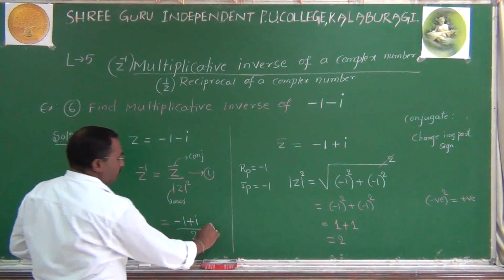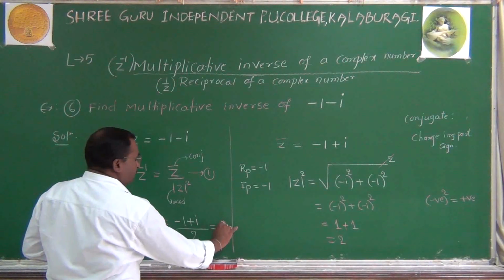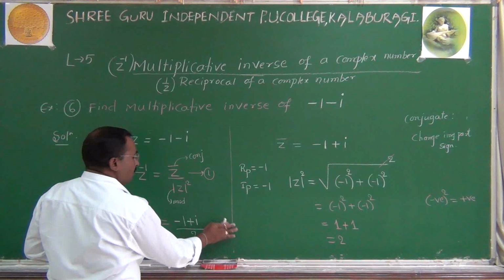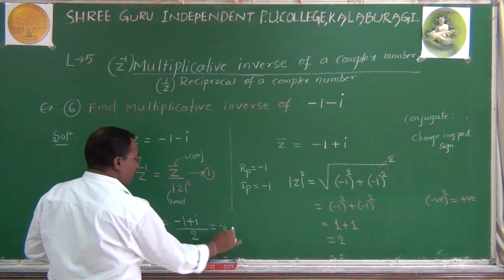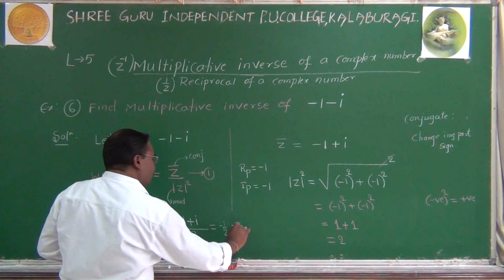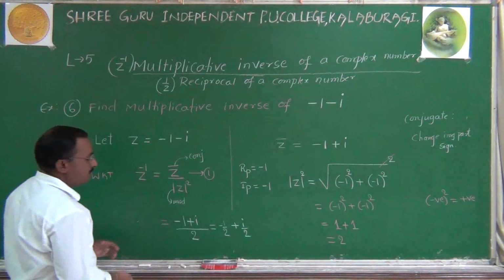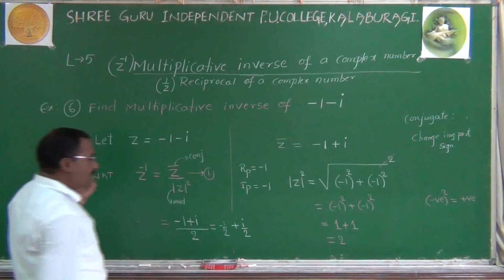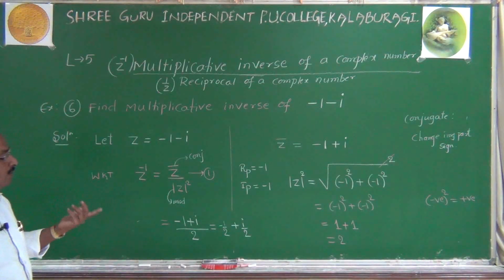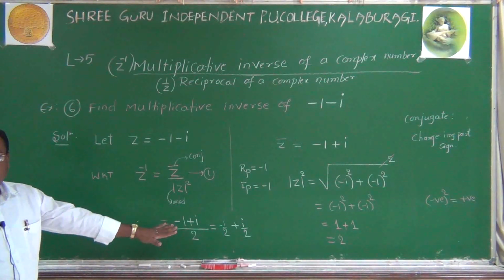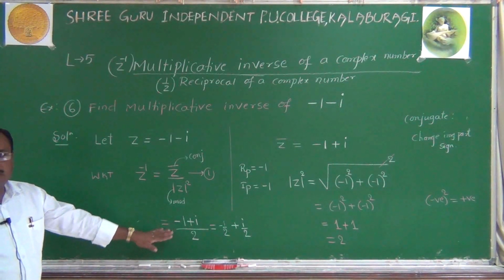This is also written in the form of minus 1 by 2 plus i by 2, or minus 1/2 plus 1/2 i: real part is minus 1/2, imaginary part is 1/2.